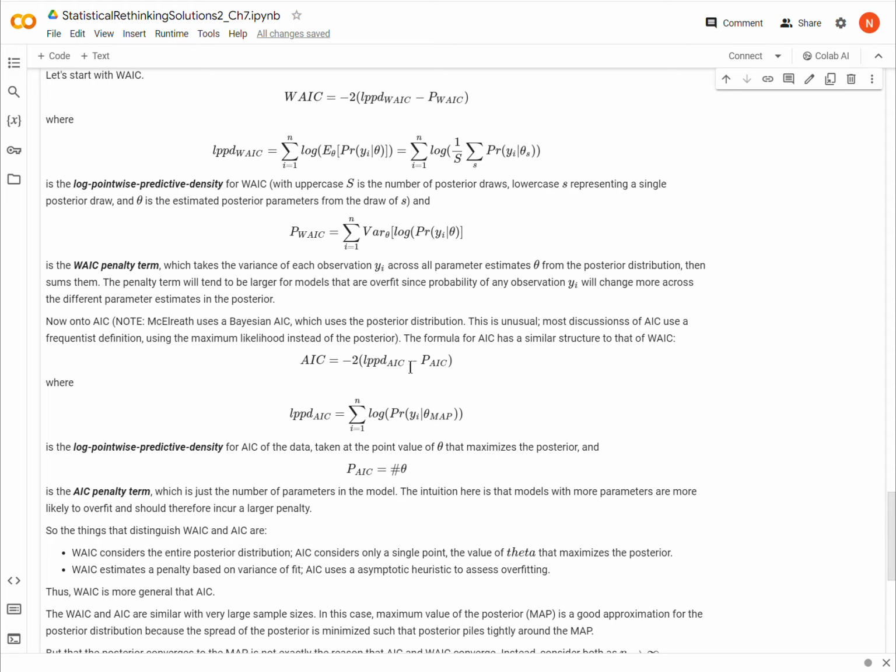Okay. So now before moving on, I want to point something out that McElreath is using a kind of unusual definition here for AIC, and that is here. So McElreath in this book is using the maximum a posteriori, but generally AIC uses the value of the maximum likelihood estimate.